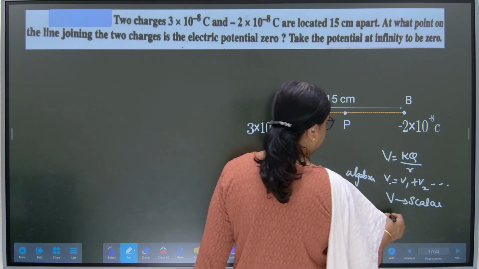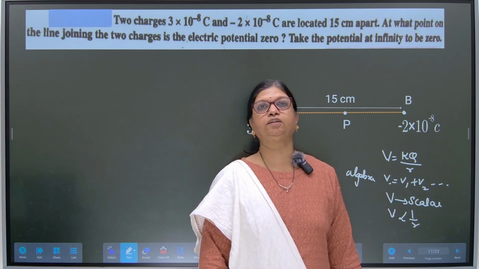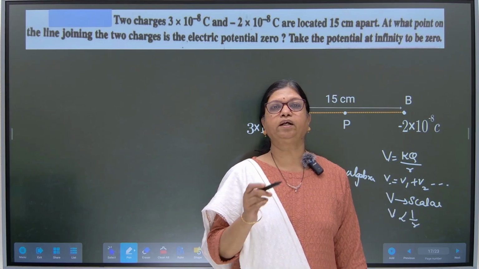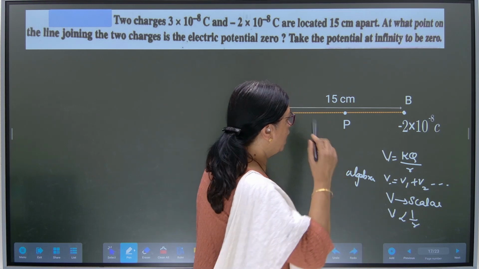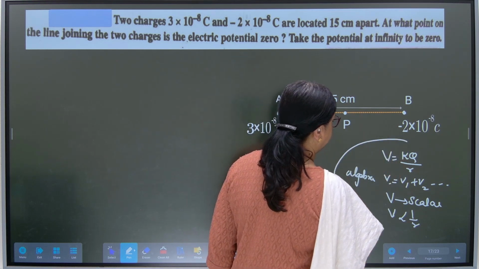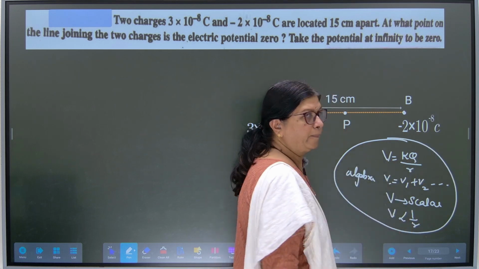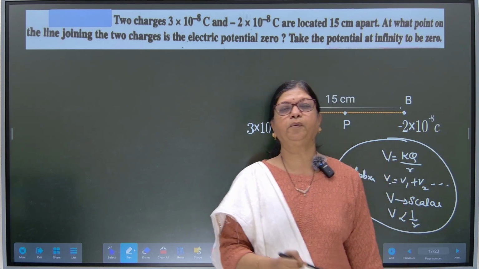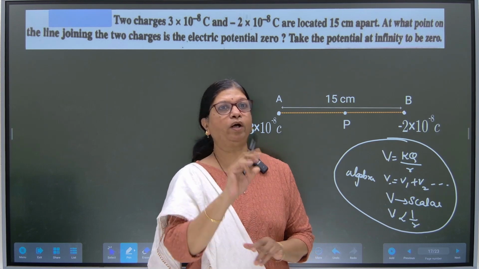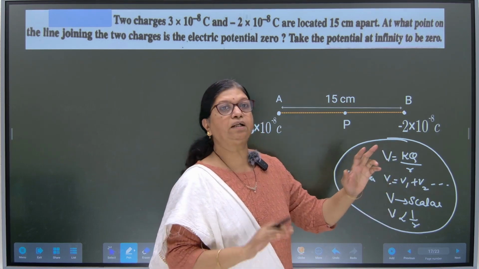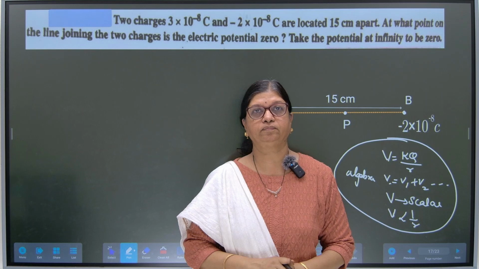And finally, V is directly proportional to 1 upon R, or inversely proportional to R. This is what we have learned. Now, as soon as the question is about potential, these points must be learned as a combo pack. Given one condition, the other conditions will automatically follow.